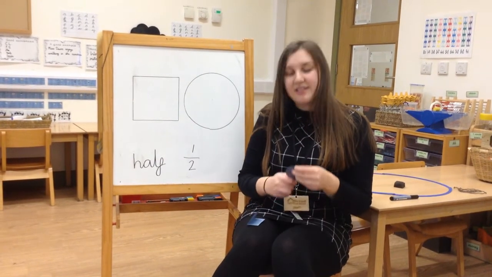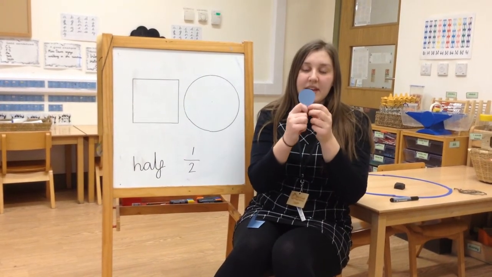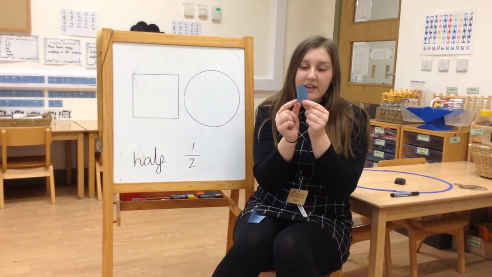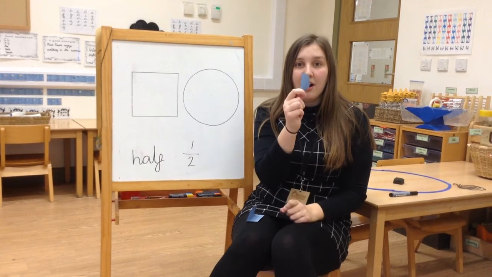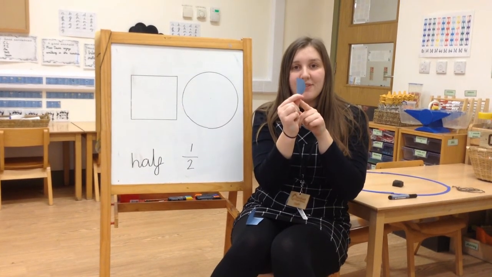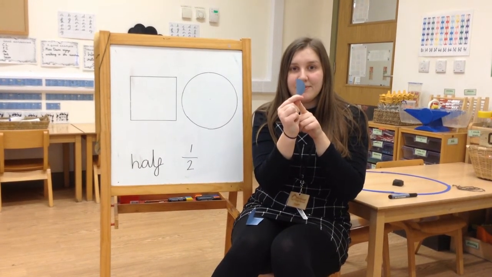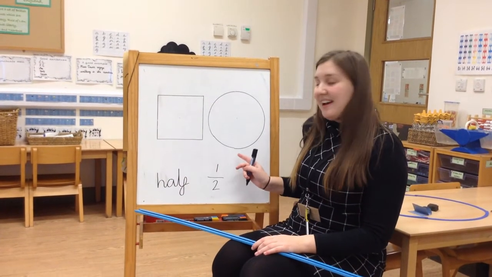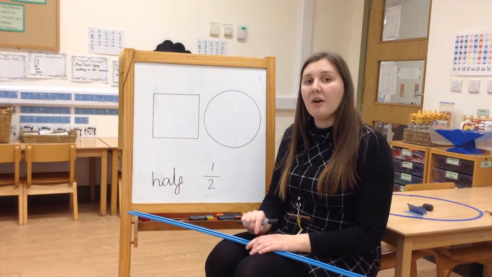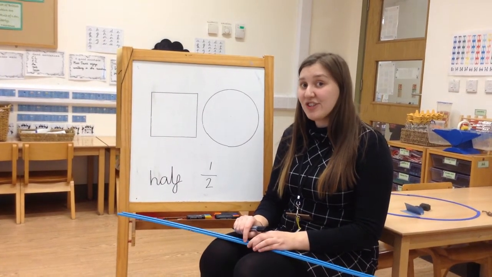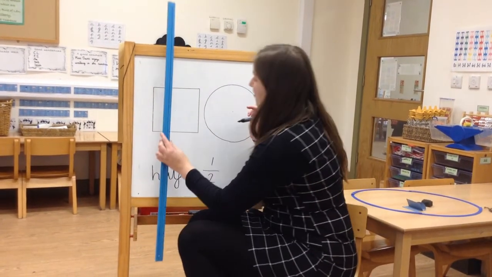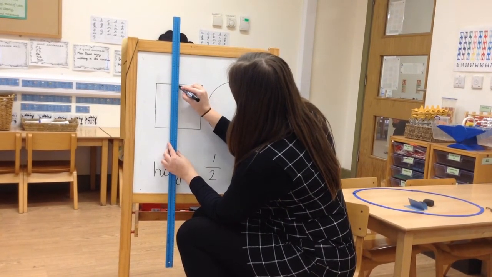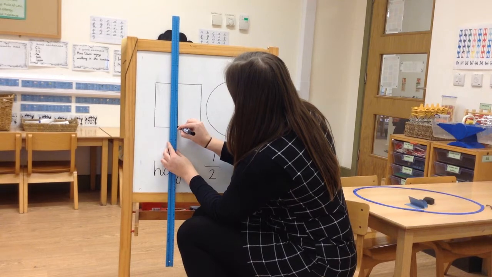Let's have a look at a circle too. Here I have one whole circle. If I fold this circle in half, you can see half of the circle. Let's split this square and this circle into half. Half is a fraction. I'm going to draw a line down the middle of the square.